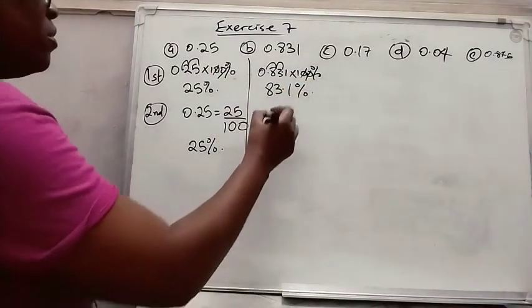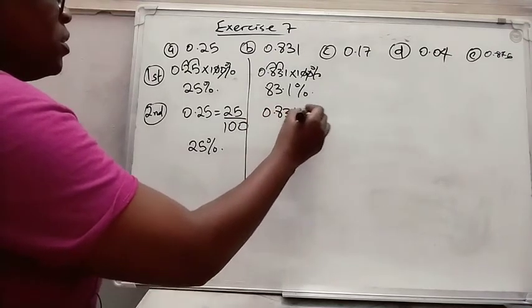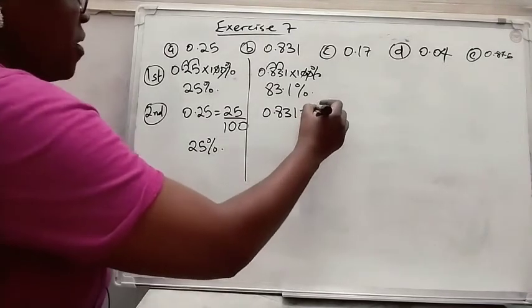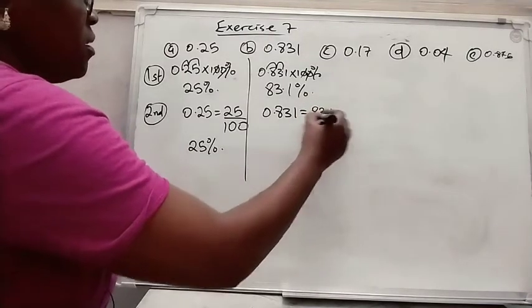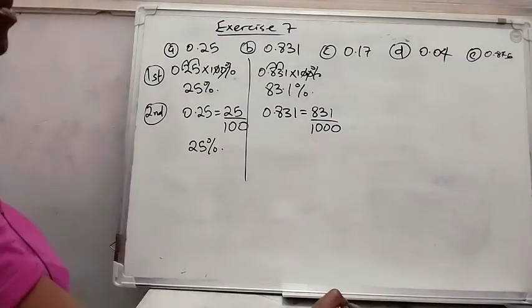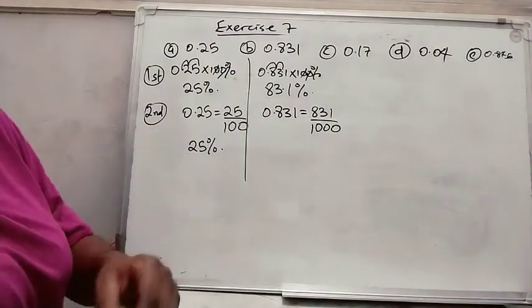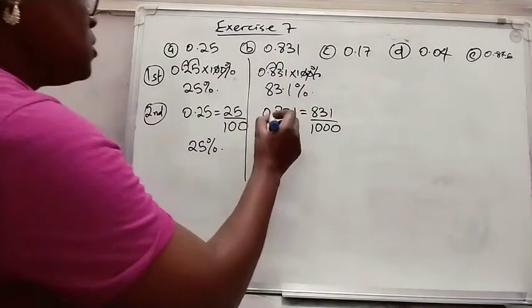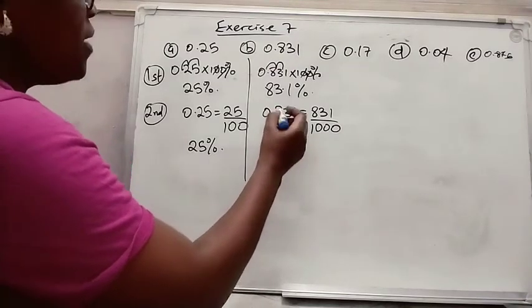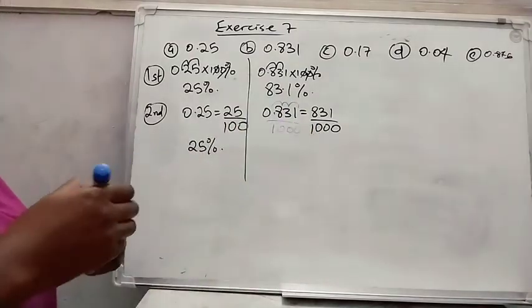The second method will say 0.831 is also 831 over 1000. Why? Because this decimal represents 1, and these 3 decimal places represent 3 zeros.